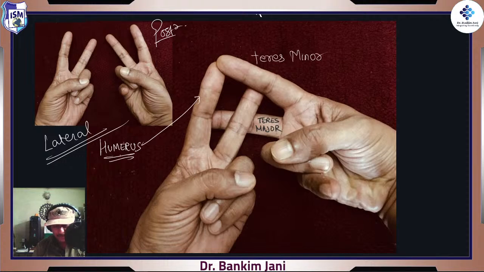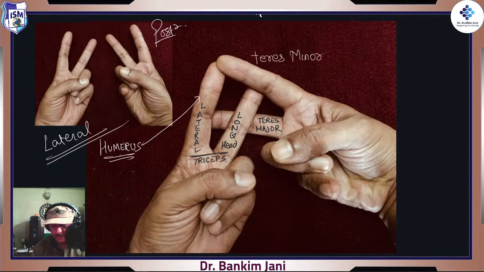So next to the humerus, obviously this would be the lateral head of triceps, and if this is lateral, there is only one choice left. This has to be the long head of triceps.